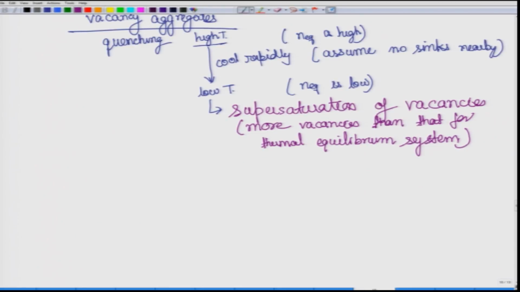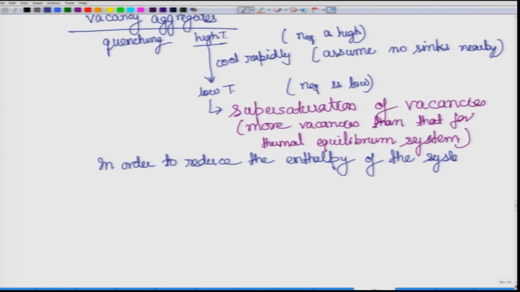Now, here what happens is that in order to reduce the fraction of mono vacancies, what the system does to reduce the energy, because if there are lots of mono vacancies, the enthalpy is very high for the system. So, in order to reduce the energy of the system, how would the system reduce the mono vacancies?